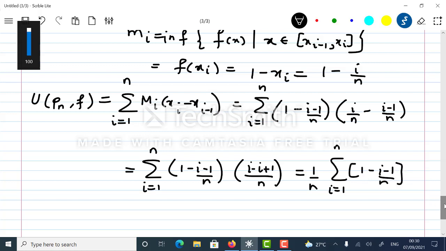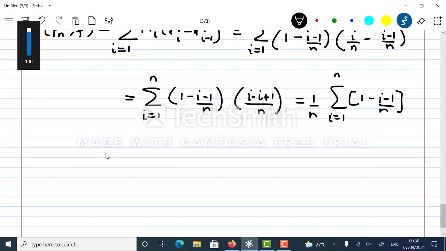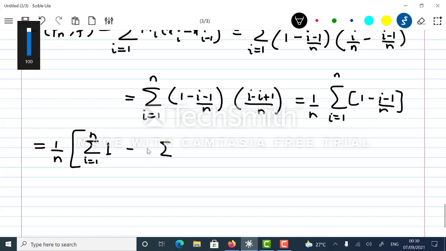Okay, so let's solve this. This is not difficult to get the answer. So this is 1 by n, summation i goes from 1 to n of 1 minus summation i goes from 1 to n of i minus 1, and this n will not come now.